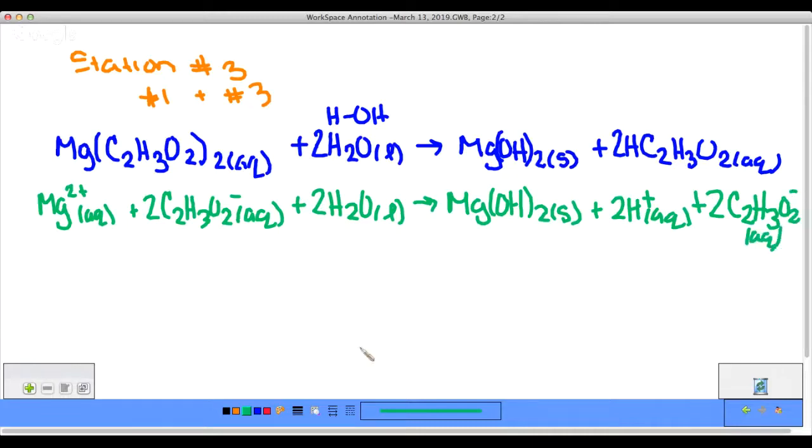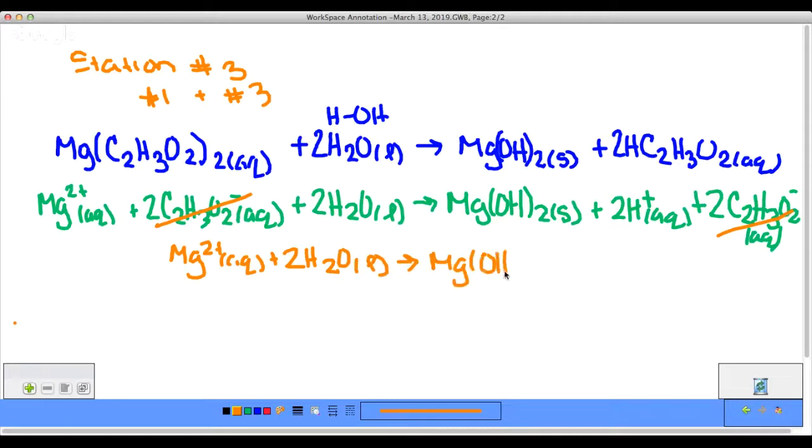That's aqueous. So if we start canceling out things that appear on both sides, we see that we're going to be getting rid of the acetate, and that's really the only thing that we get rid of. So when we rewrite this, we will have magnesium with a 2+, and that's aqueous, plus 2 waters as a liquid, and we're going to produce magnesium hydroxide as a solid, and then 2 hydrogen ions. So that would be my net ionic equation for that problem.